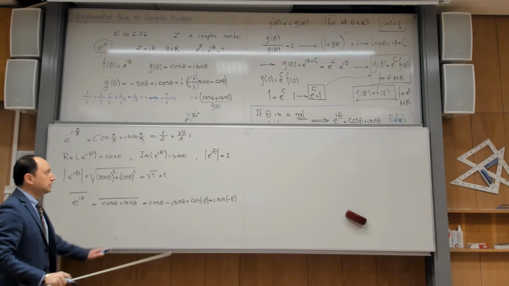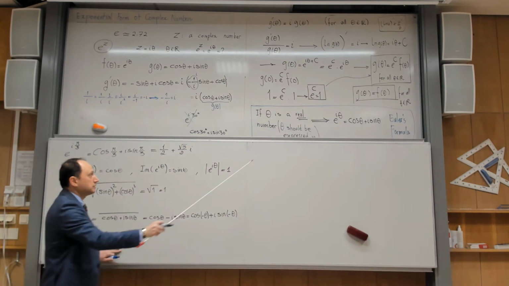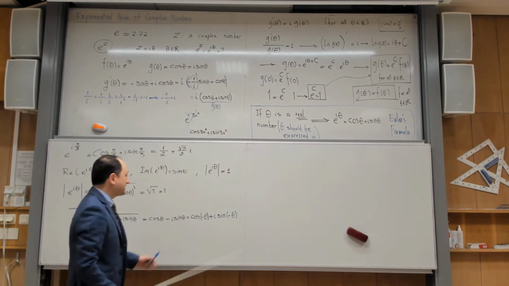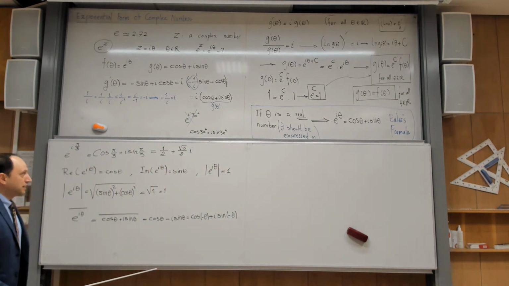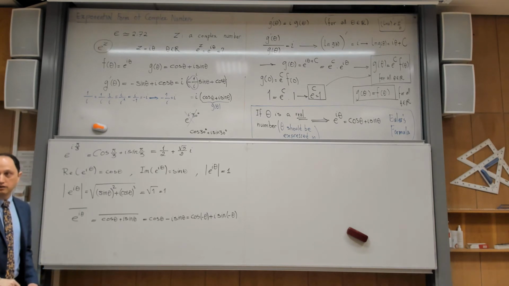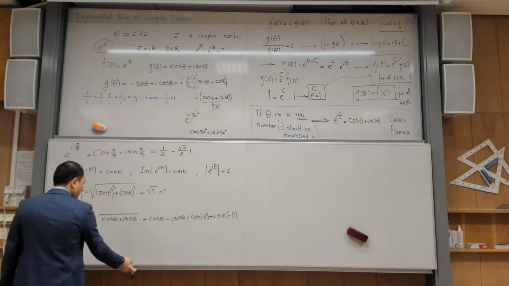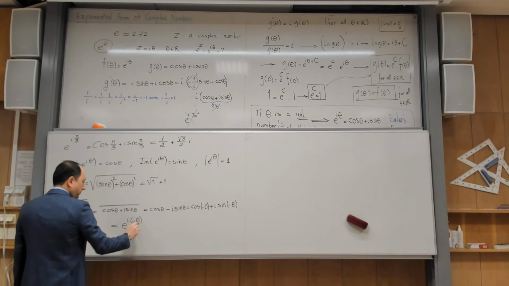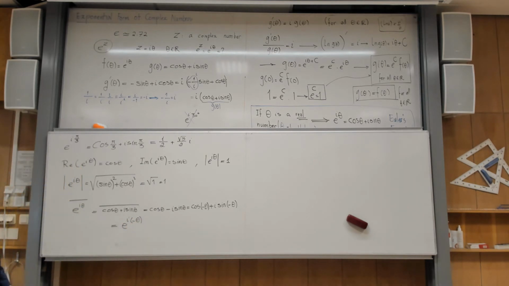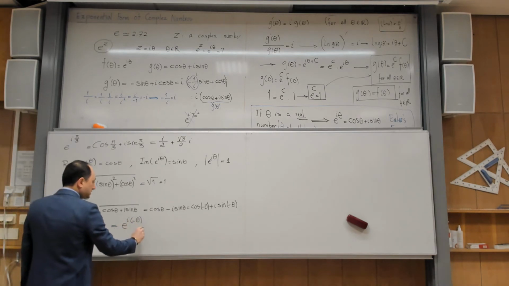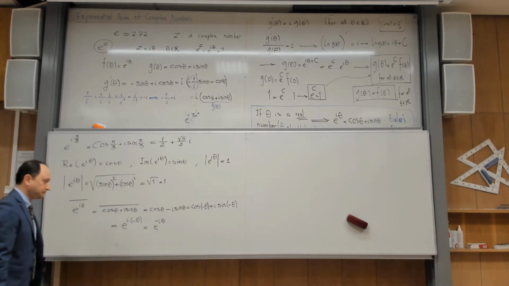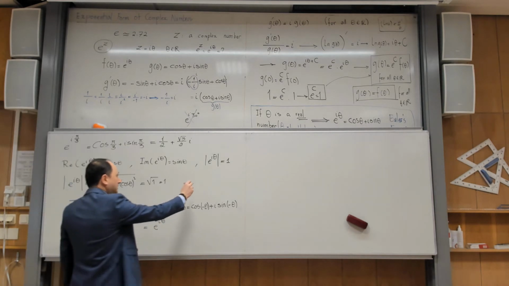But now if you look and compare this one with the Euler formula here, that's exactly the same combination except that theta has changed to minus theta. So this means that if I use the Euler formula, it becomes e to the power of i times minus theta. Yes, is that understandable? But instead of writing i times minus theta, I can write e to the power of minus i theta. So we can also add this into our list.